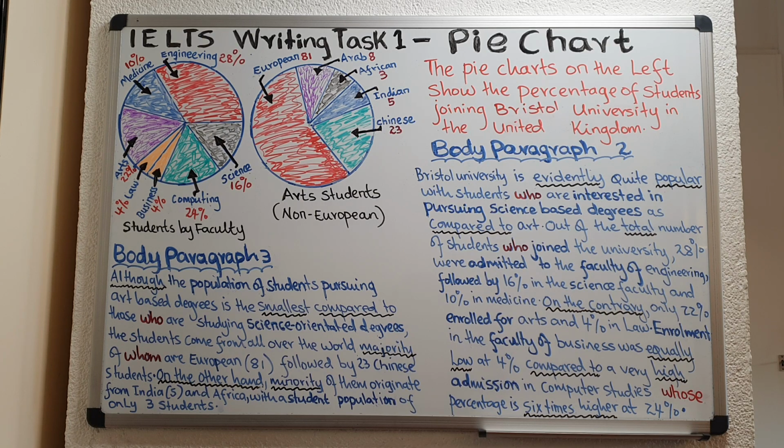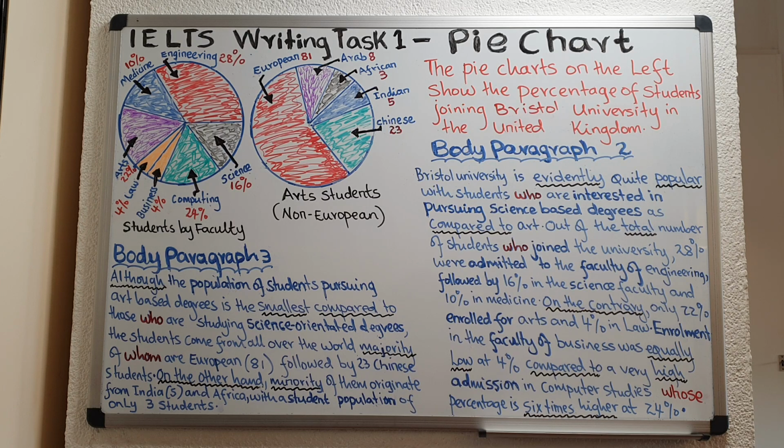That is only 26%. So we can conclude that science-based degrees are more popular than art-based degrees in Bristol University. That is the first key feature.